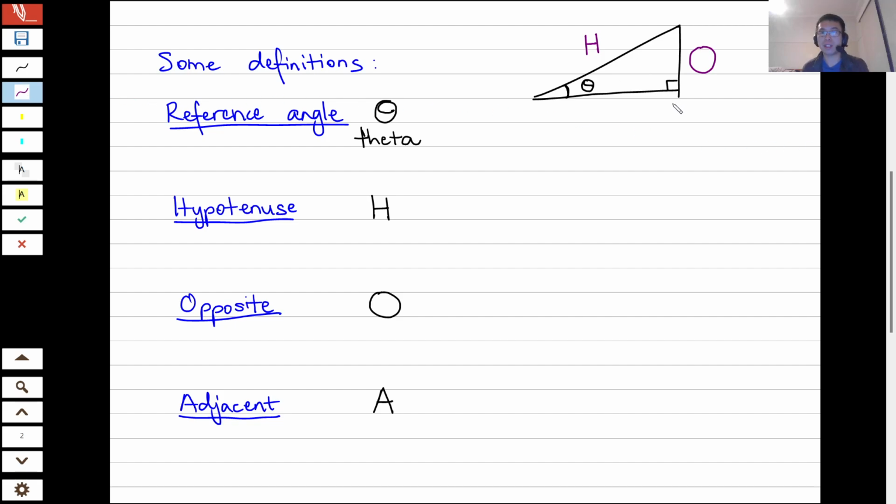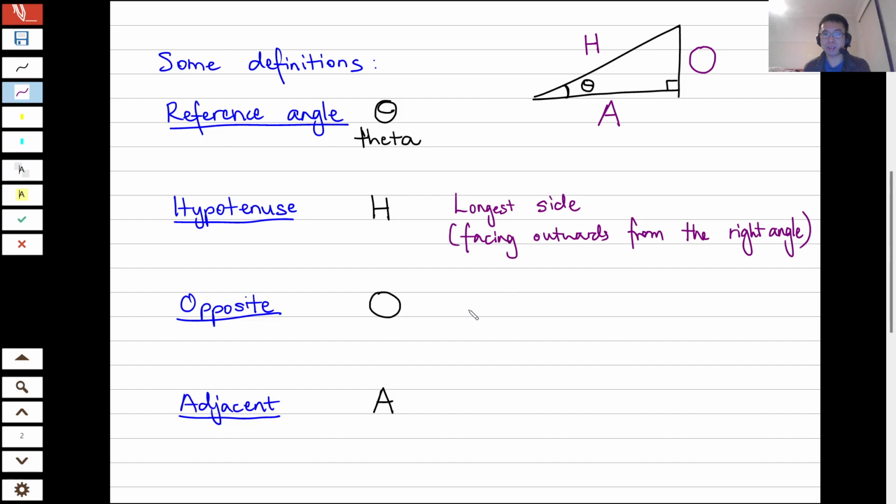And lastly, the adjacent side is the remaining side. If I were to write this in words, I would say the hypotenuse is the longest side and it's facing outwards from the right angle. The opposite side is facing outwards from the reference angle theta.